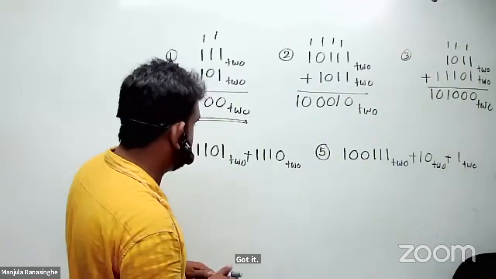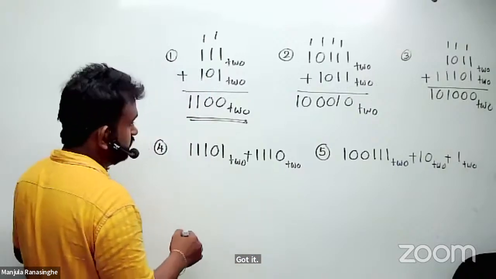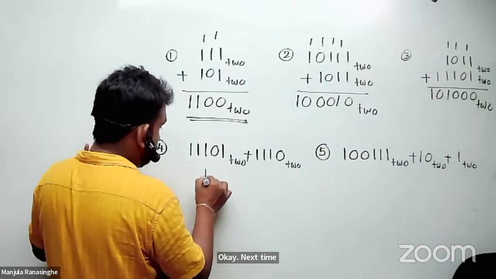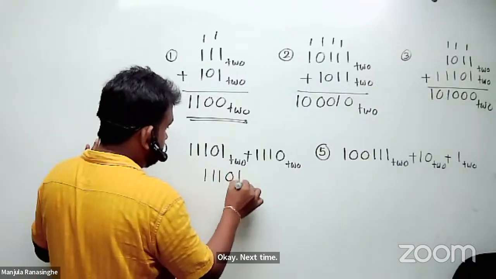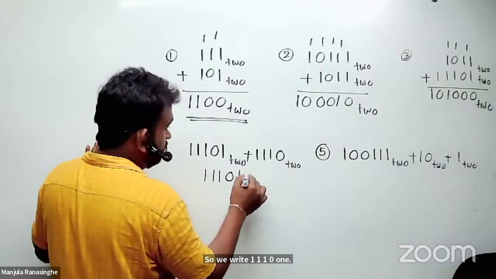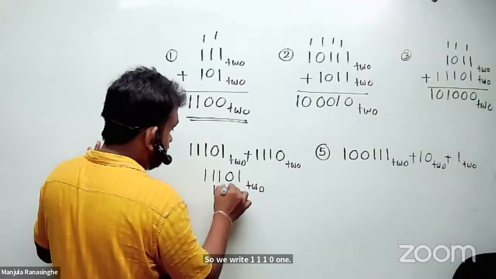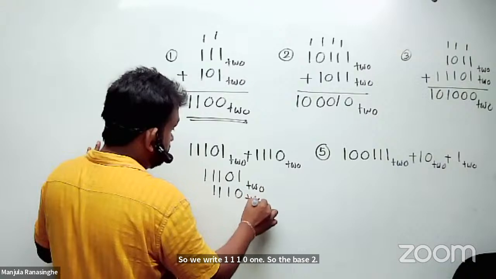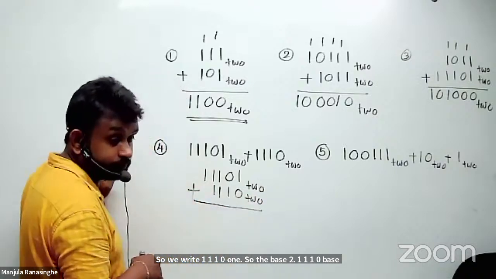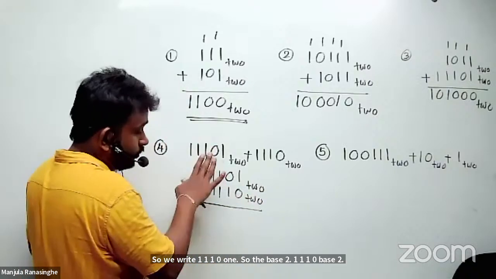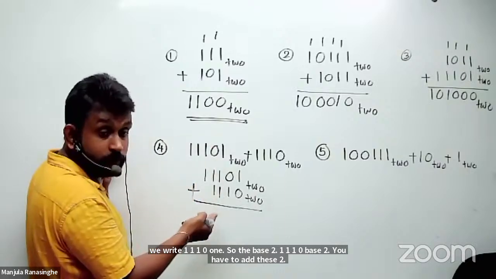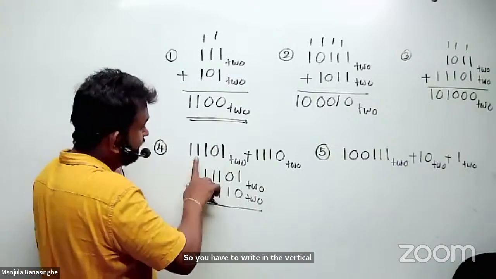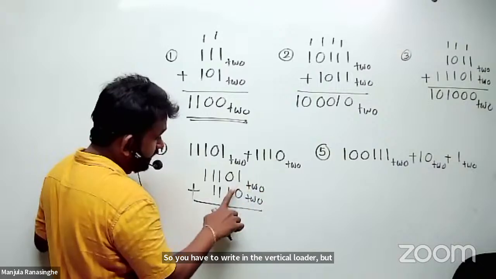Okay. Next one. So we write 11101 to the base 2, then 1110 base 2. You have to add these two. So you have to write in the vertical order, but remember when you are writing, that shall be aligned to the right corner, right?